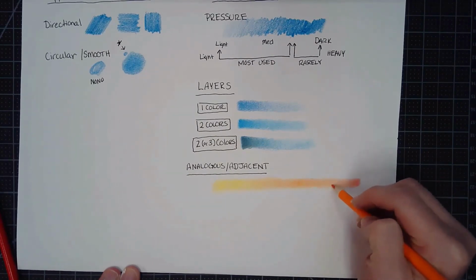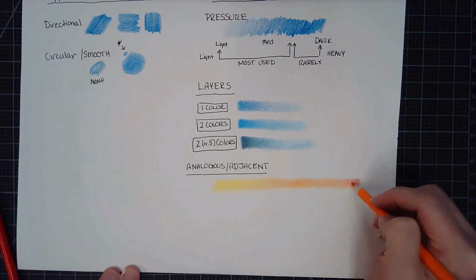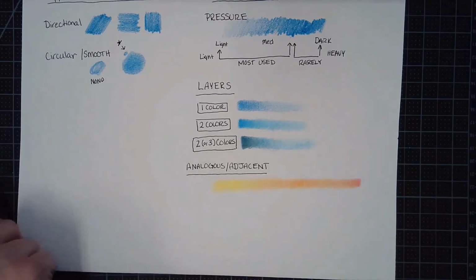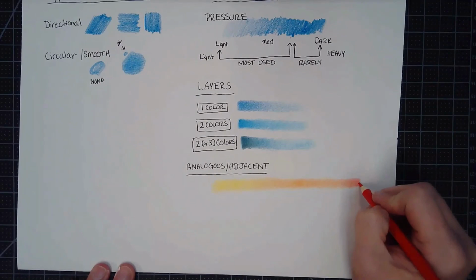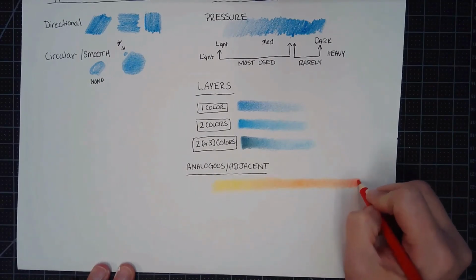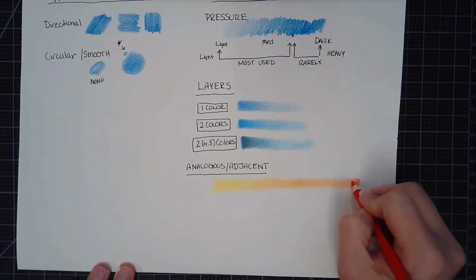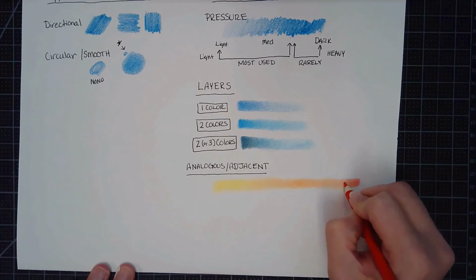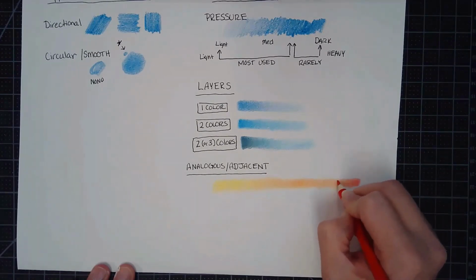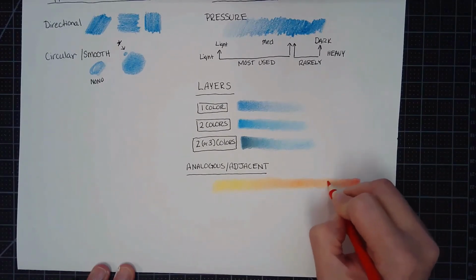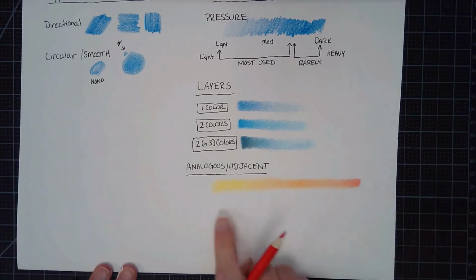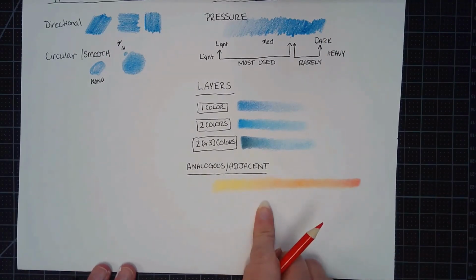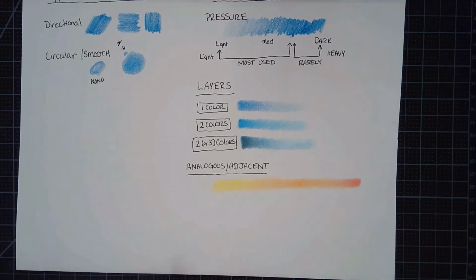As I start mixing into my red-orange values, I'm going to ease up on pressure with orange, and then again come in with red, layering a little bit more pressure. And as I get into my red-orange areas, I want to ease up on that pressure to let the mixture become red-orange. And that is creating a value scale using an analogous adjacent set of colors.